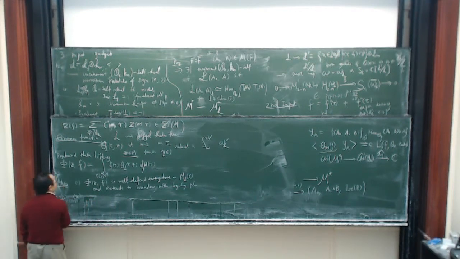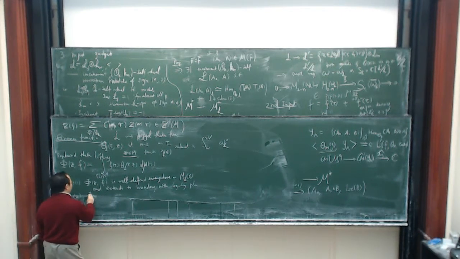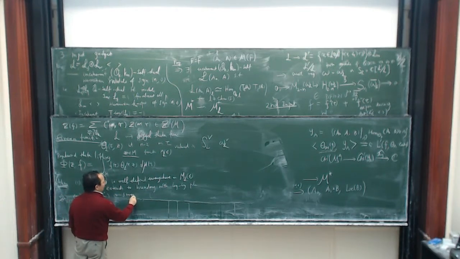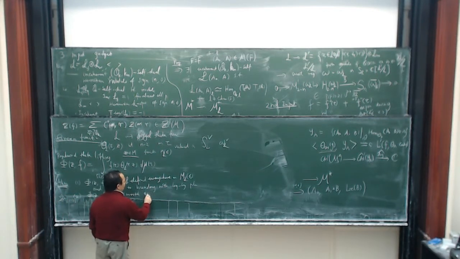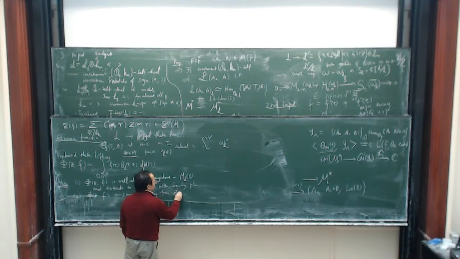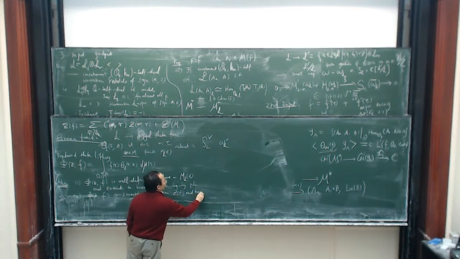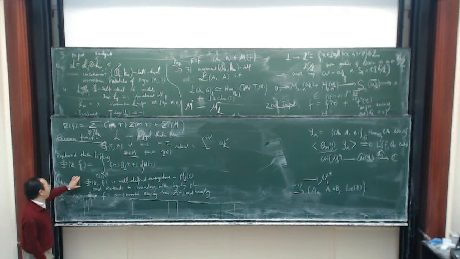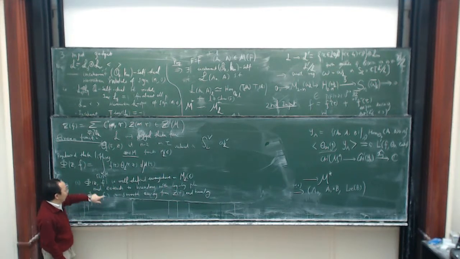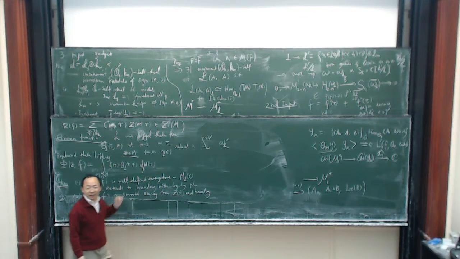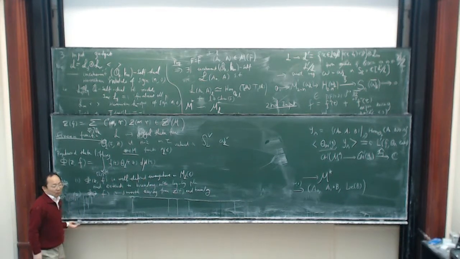Second, actually this guy is smooth away from Z of F and the boundary. Here, just to say, even on Z of F this guy is well defined, just not smooth.